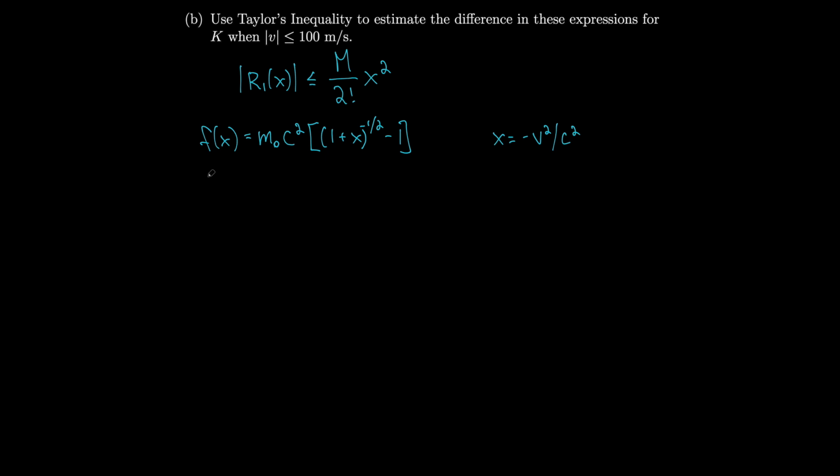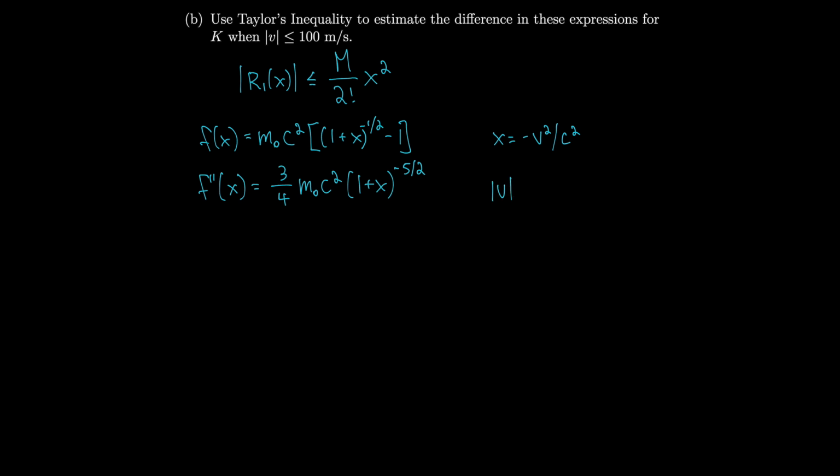So we're looking for the second derivative for our m. So the second derivative is 3 over 4 times m naught c squared times (1 plus x) to the minus 5 over 2. It's chain rule, but it's really just the power rule because taking the derivative of x is just 1 anyway. Let's do that twice.